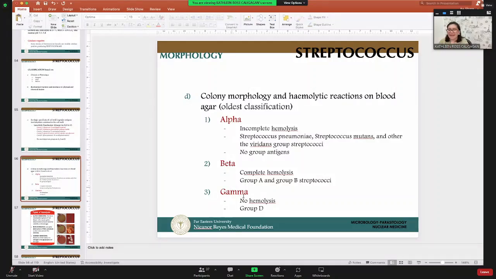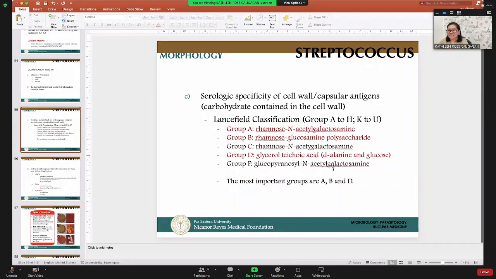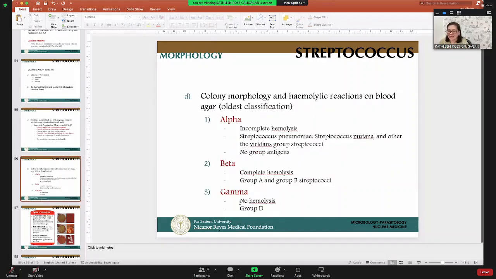And gamma hemolytic are those belonging to group D, under which are the enterococci, group D enterococcus and non-enterococcus group.